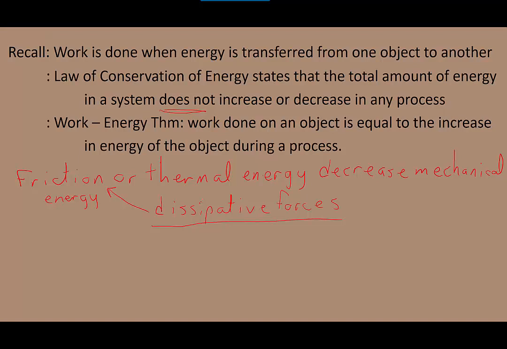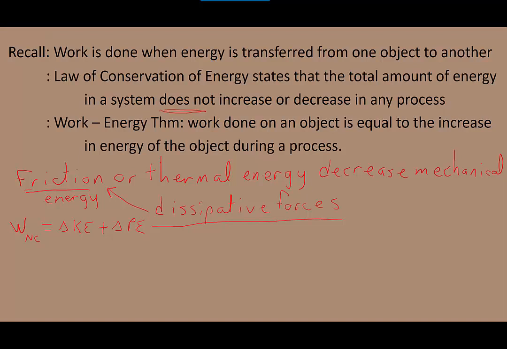If we start with the work energy equation, I'm going to say work NC, meaning non-conservative, because originally friction was considered a non-conservative force, so the work would then be non-conservative. So if we have non-conservative work, then it should be equal to the change in kinetic energy plus the change in potential energy.